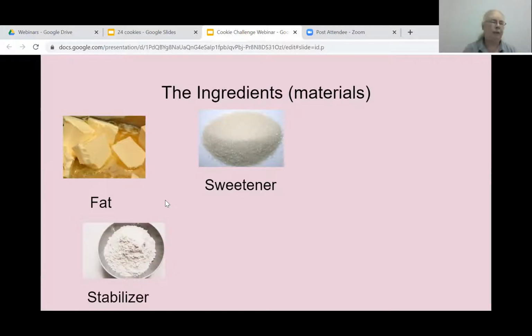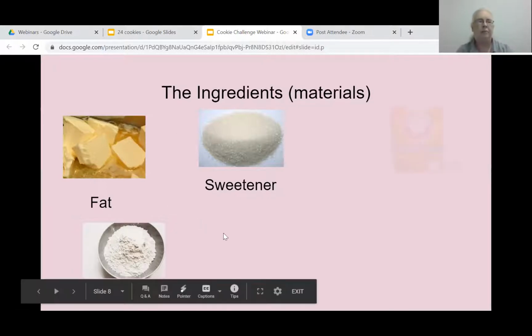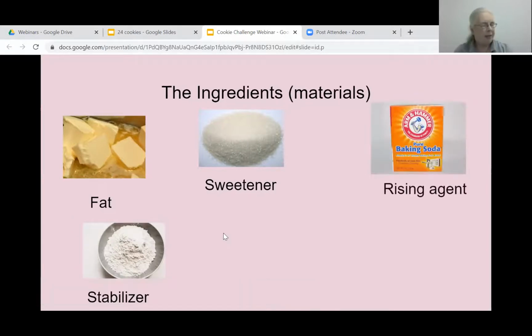I need something called a stabilizer, and flour is that. Because what flour does is hold the cookie together. So you've got to have something to hold it together. We need a rising agent, baking soda. I believe that is also in our recipe for today.